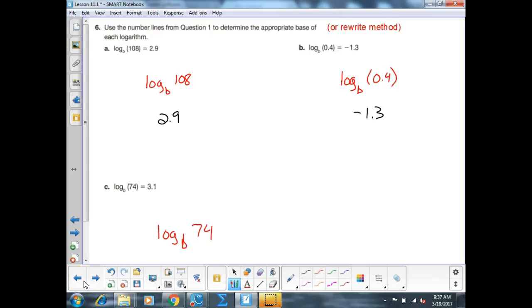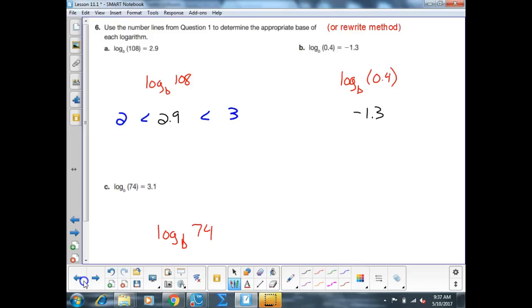Spot check A. So 2.9, right? That means I've got to be in between 3 and 2, right?